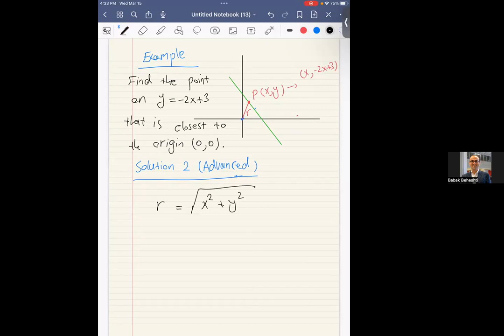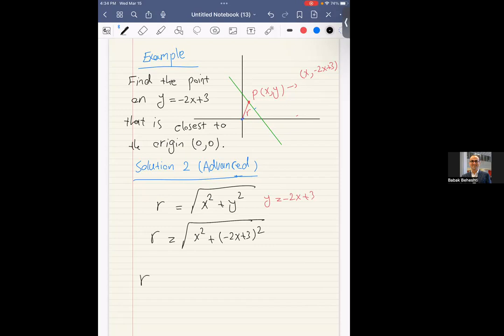But I know that y is minus 2x plus 3. So r must be equal to the square root of x squared plus minus 2x plus 3 squared.